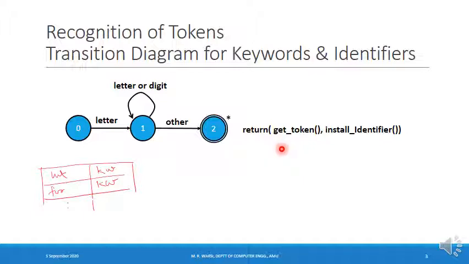So let us now discuss, if int is, for example, encountered in the source program, install identifier function will return 0 for this and get token function will return int as it is.